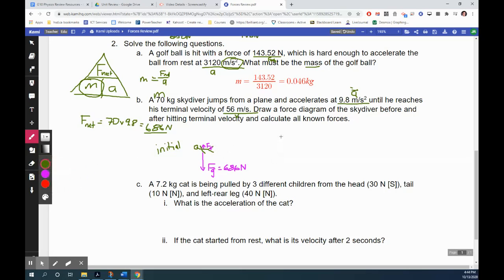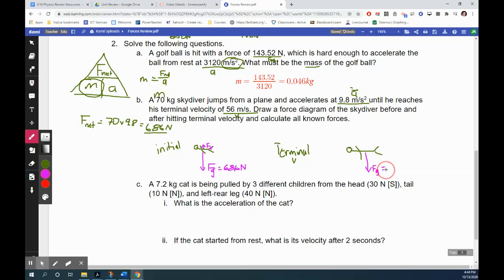And now he's going to start falling at terminal velocity. Terminal velocity means he's no longer accelerating. So at terminal velocity, he's still going to be flying through the air, no big deal, falling. What's going to happen to the force of gravity? The force of gravity is still going to be there. It's not that that stops.